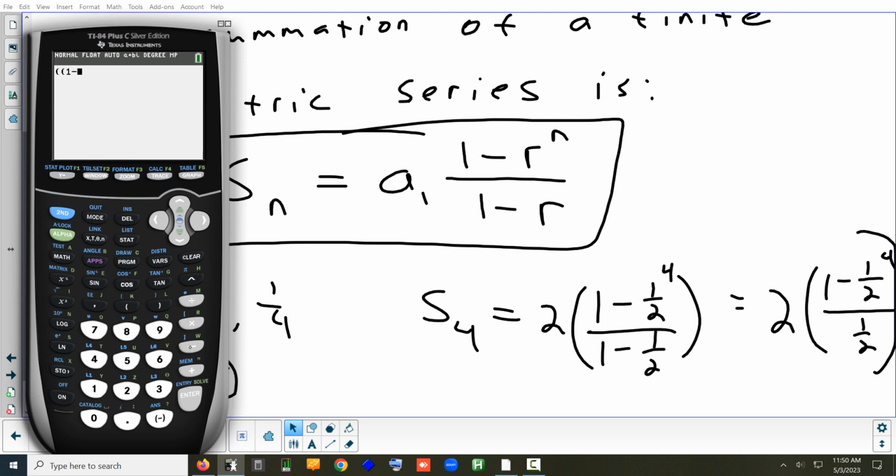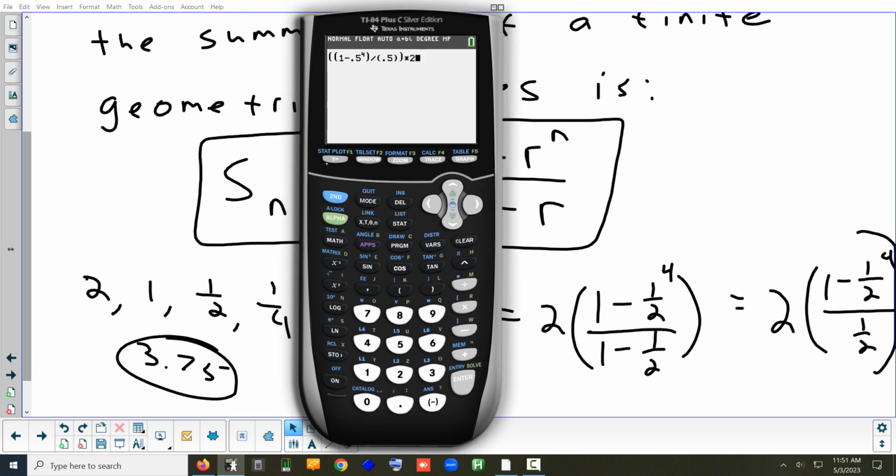Let's do 1 minus, instead of 1/2, I'm just going to do 0.5 raised to the 4th. There's my numerator, divided by, what's my denominator? 1/2, or just 0.5. And I'm going to put the 2 at the other side just because it's easier, so I need to do times 2. And if this formula works, what should I get? 3.75. Wow. I do.